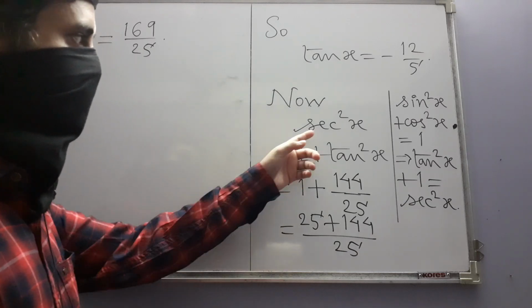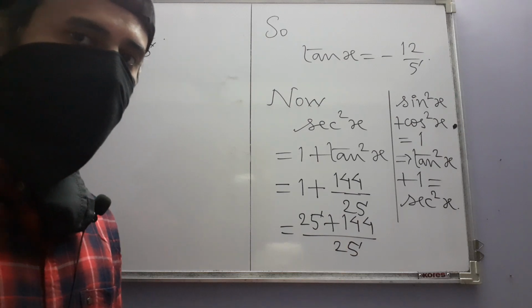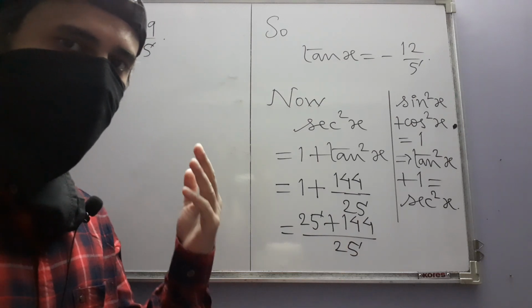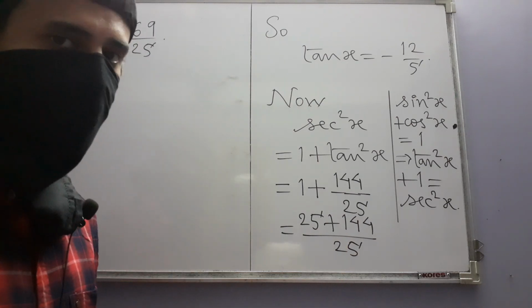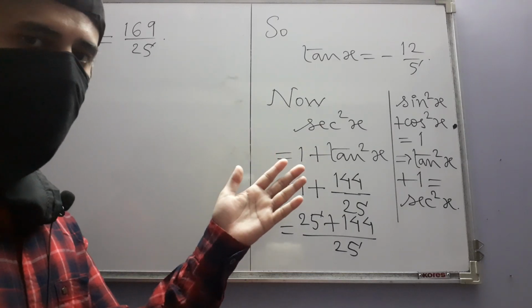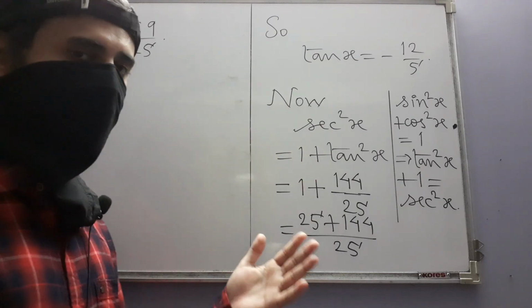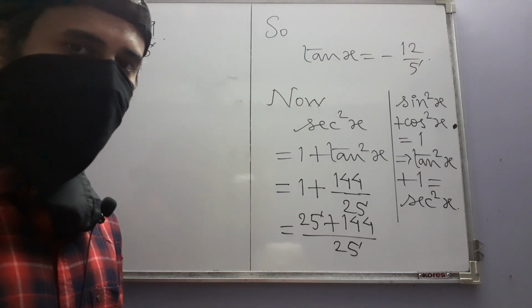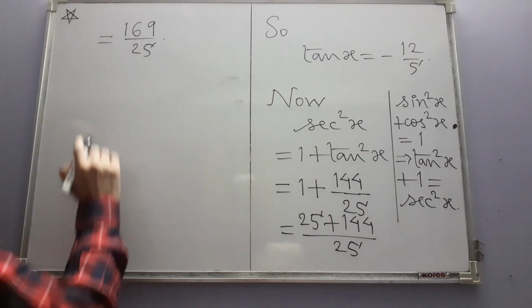And then again, next comes the question of which one of the two signs are you going to choose. Is it going to be plus or minus? And this is where the angle comes. In which quadrant its terminal ray lies, that thing now comes.